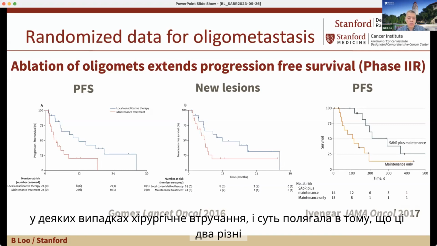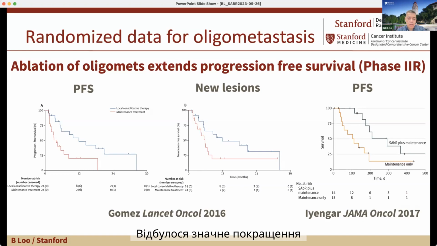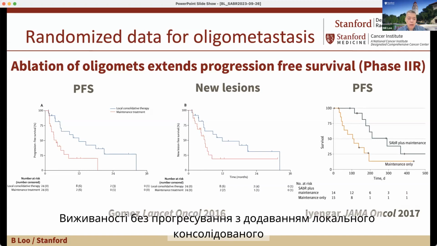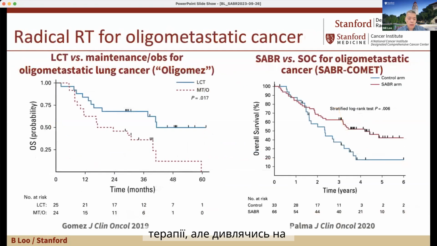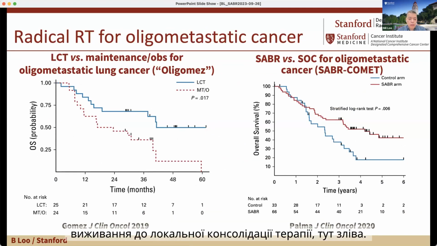The bottom line was that in these two different randomized trials, although fairly small in size, there was a significant improvement in progression-free survival with the addition of the local consolidative therapy. But looking at the longer-term results, there was also a significant improvement in overall survival.